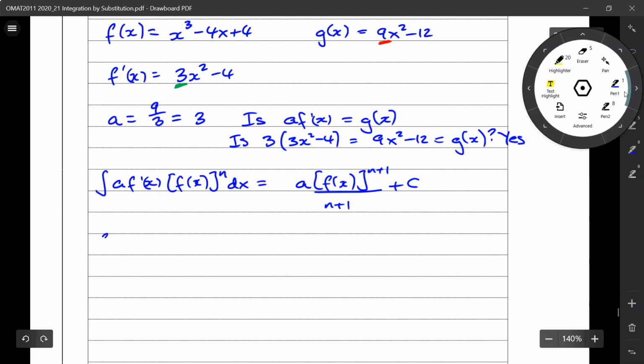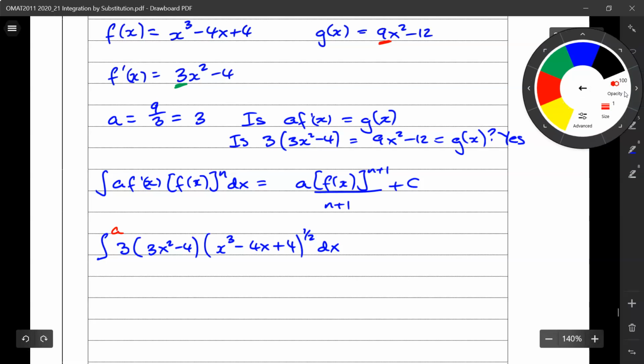So the integral of a, so a is 3, times 3x squared minus 4, that's our f prime x, times x cubed minus 4x plus 4, and that is to the power of a half, times dx. So we have our a, f prime x, and f of x to the power of n.